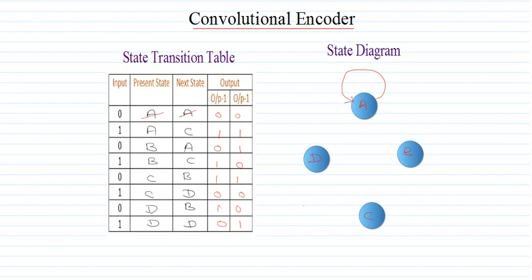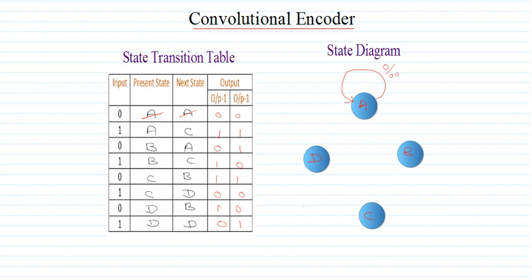Present state is A, and moving back to state A itself, that is the next state. So with an input 0, I'm writing input 0 here in the numerator and the output 00 in the denominator. The denominator term indicates the output variable values and the numerator indicates the input variable value.